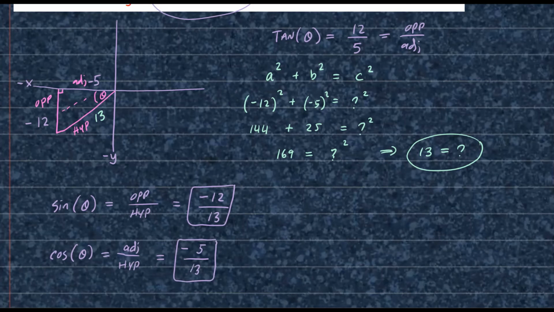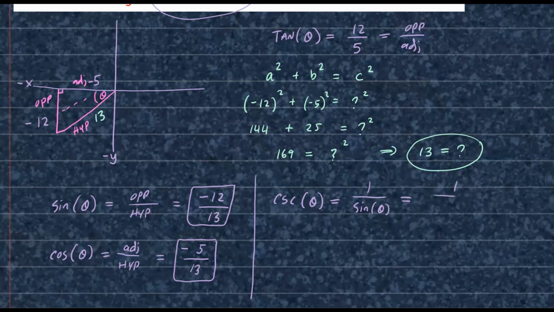Now let's go ahead and find the reciprocal functions. Cosecant theta is the reciprocal of sine, so this is 1 over sine theta. You can use the picture if you want, or you can just reciprocate the value for sine you just found. I will do that.